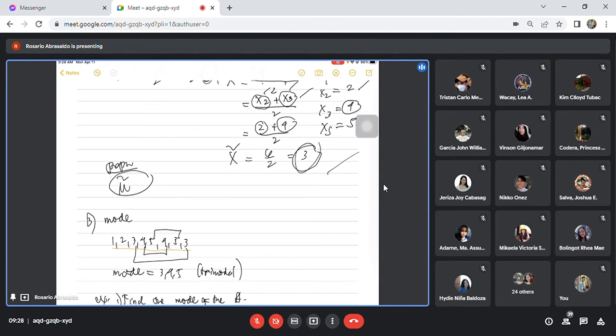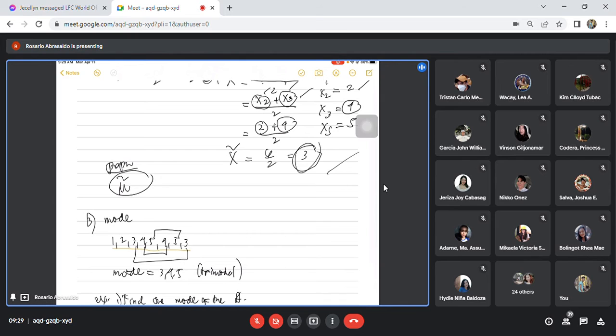If we're going to compute the mode, ato sa i-arrange ang data in ascending order and then look for the most frequent score, or number nga gasigi og balik-balik.